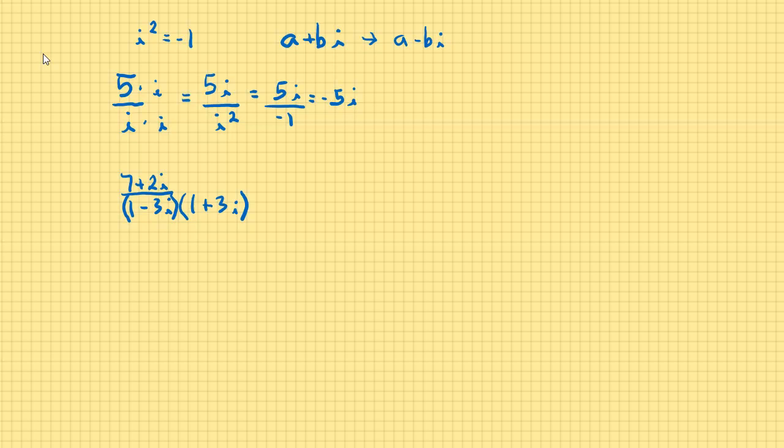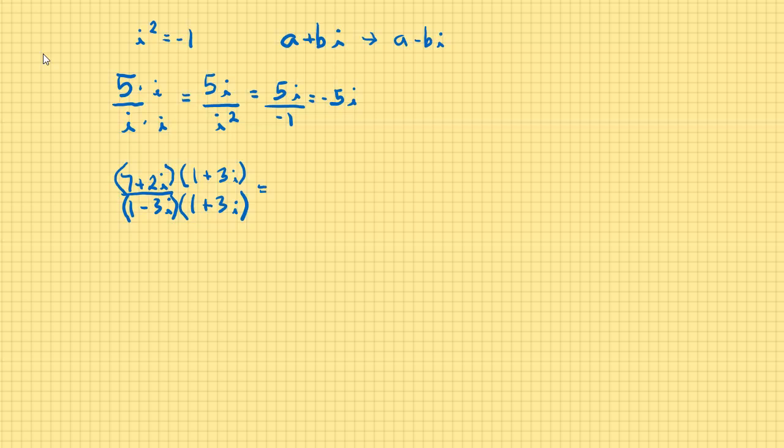And because we're multiplying the denominator by 1 plus 3i, we also should do it to the numerator so that we're not changing the value of the fraction at all. Okay, and then I'm going to put parentheses around the 7 plus 2i because when I multiply, I'm going to have to FOIL, and I have to treat these as two binomials.